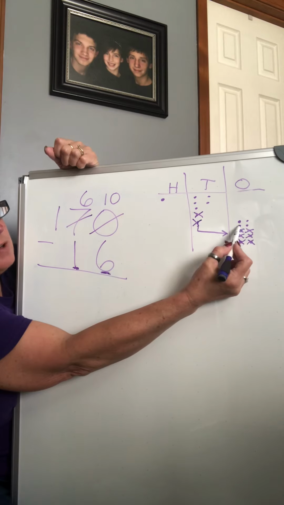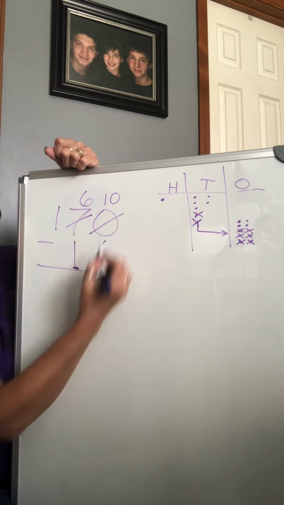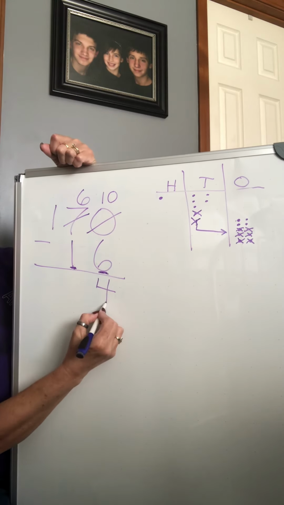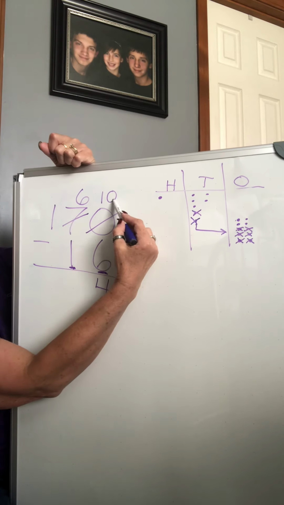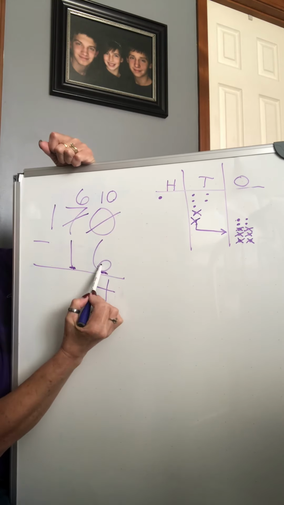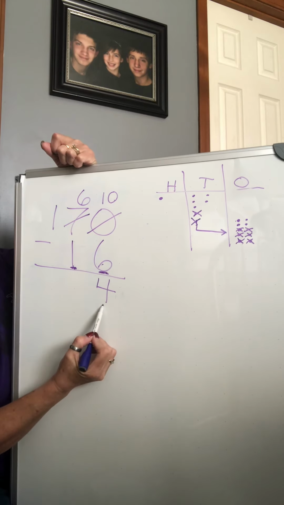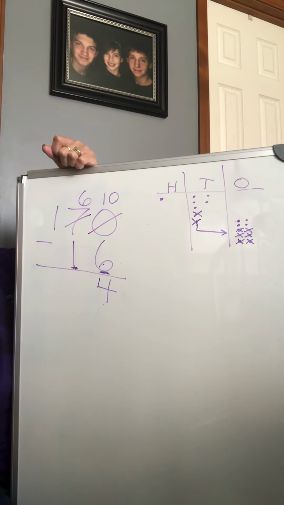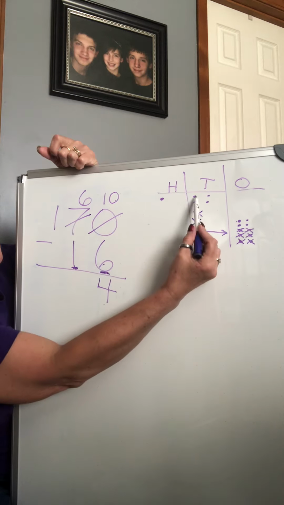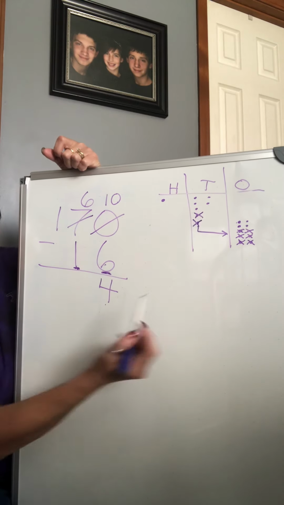In the ones house, 1, 2, 3, 4. I have 4 ones. Double check looking at the vertical form. 10 minus 6 equals 4. That is correct. All right, let's look at the tens house. We have 5 left.